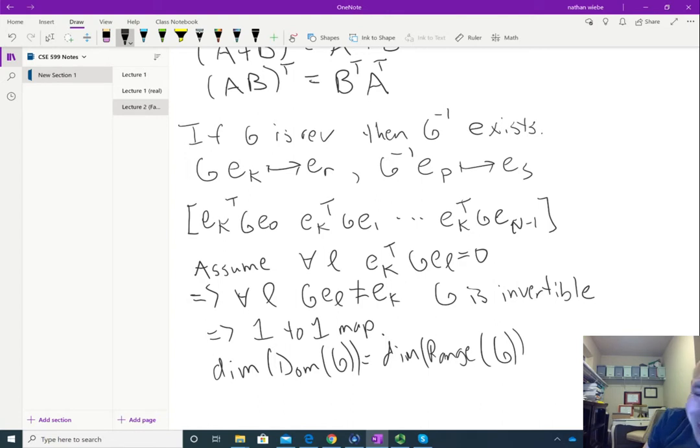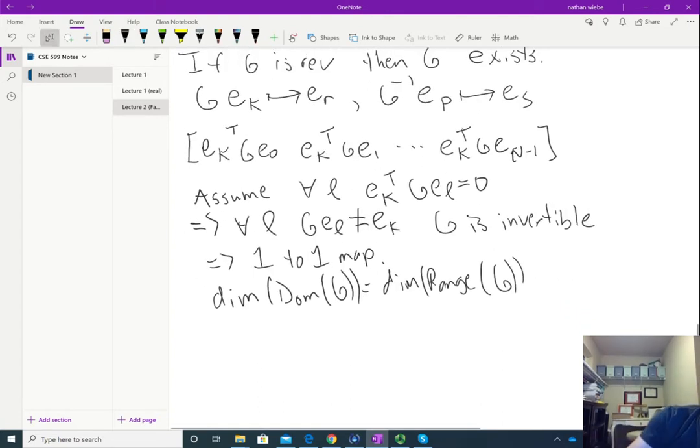Ergo, there must be at least one non-zero element, which implies the number of non-zeros has to be greater than or equal to 1.